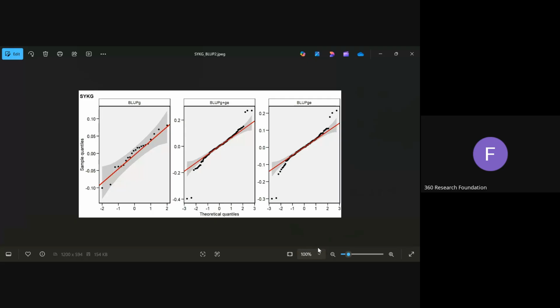Maybe some outliers. Maybe some data points are outliers, so that's why they are deviating.